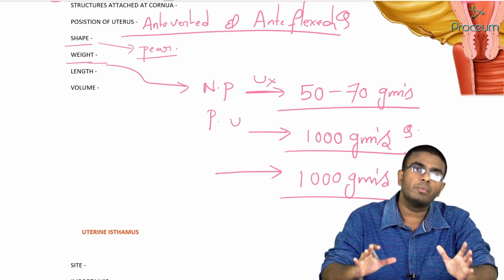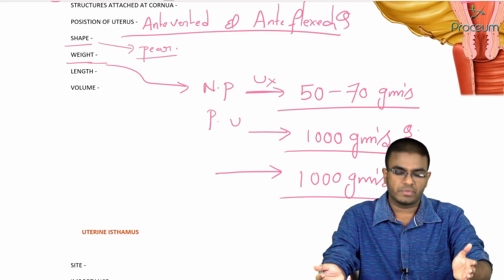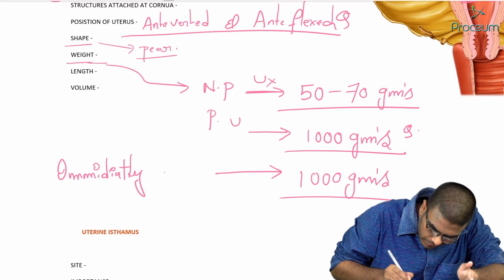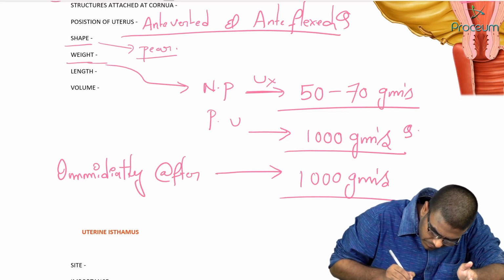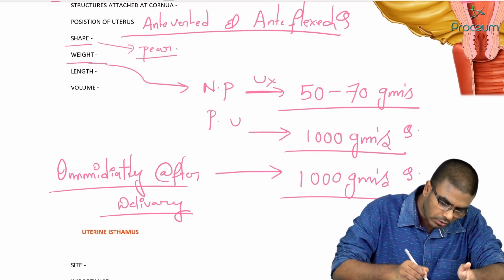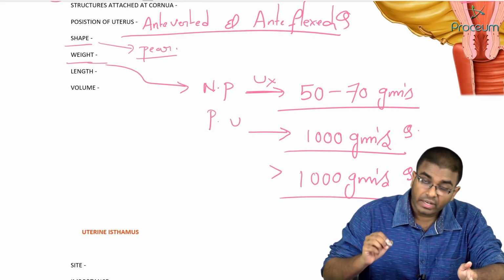It's still the same uterus. The baby is delivered, but the uterus weight is still 1000 grams. Immediately after delivery, the weight of the uterus is still 1000 grams. Please never forget, very very important MCQ.